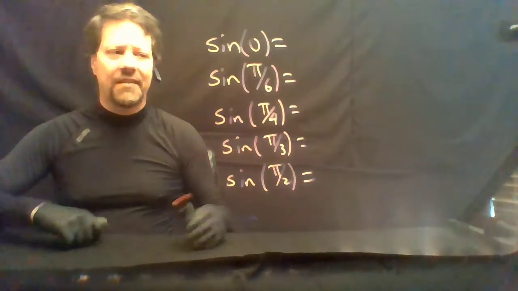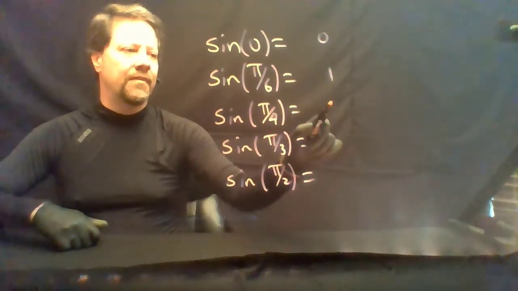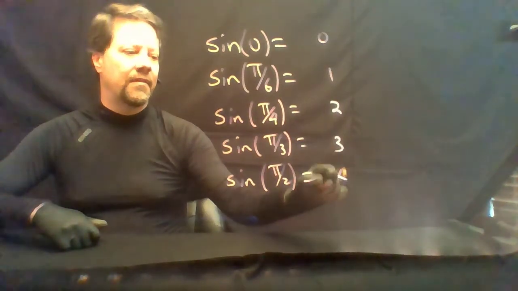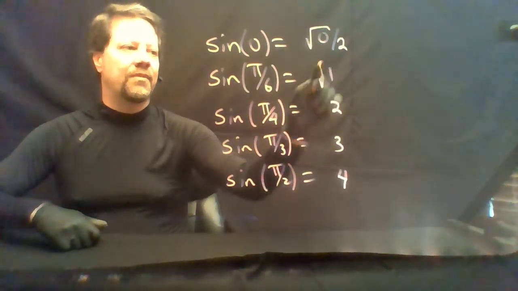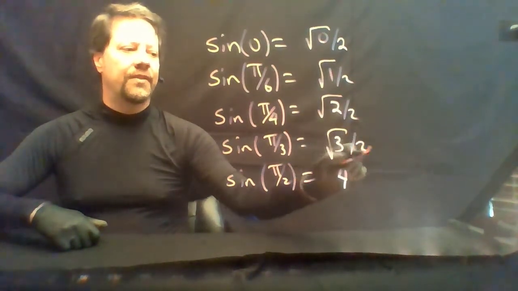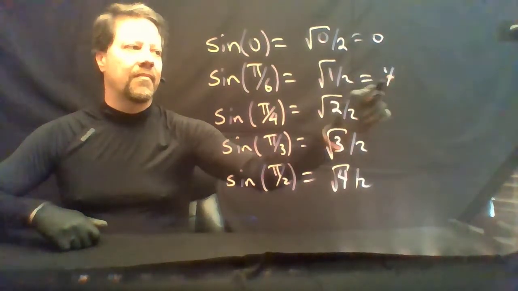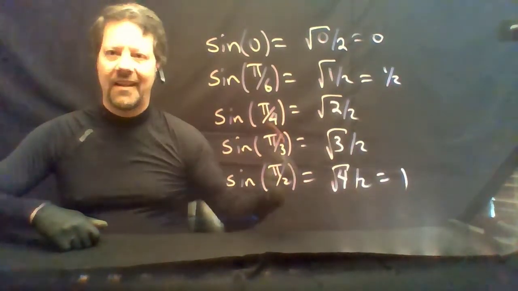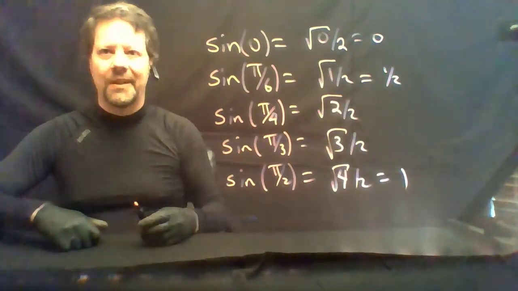An easy way to generate this table is to count from 0 to 4. And then it's root over 2, root over 2, root over 2, root over 2, root over 2. And all of those values are correct. Cosine just goes the other way.